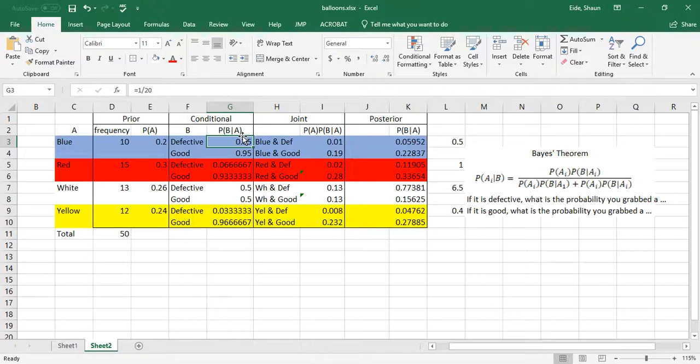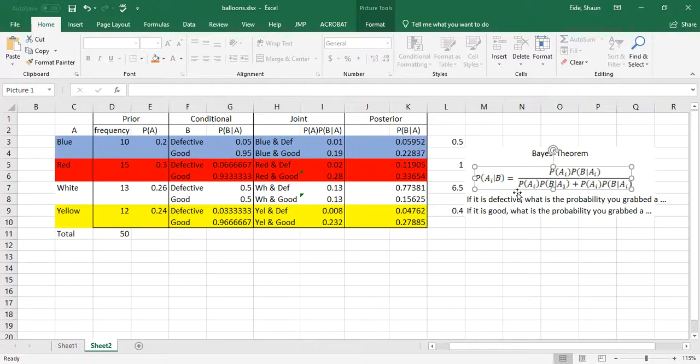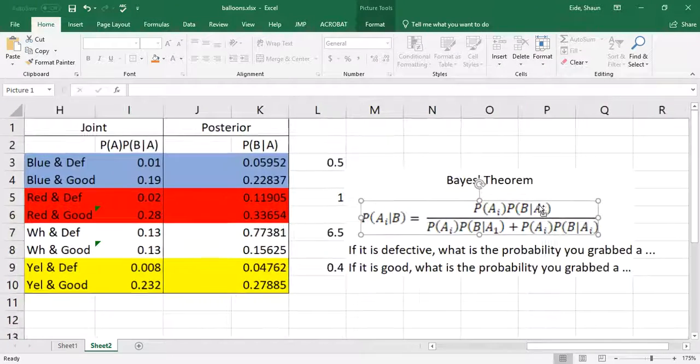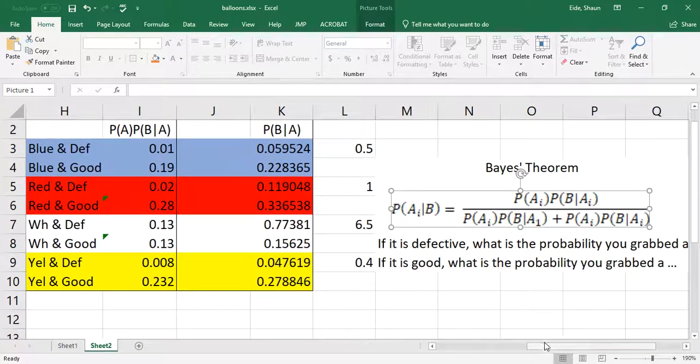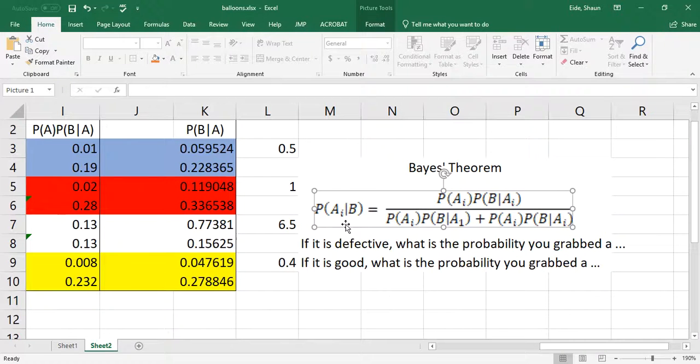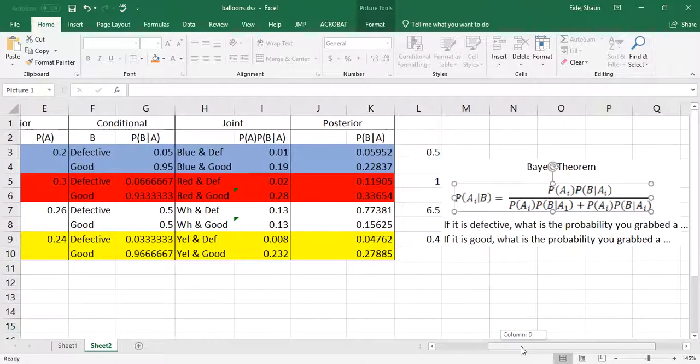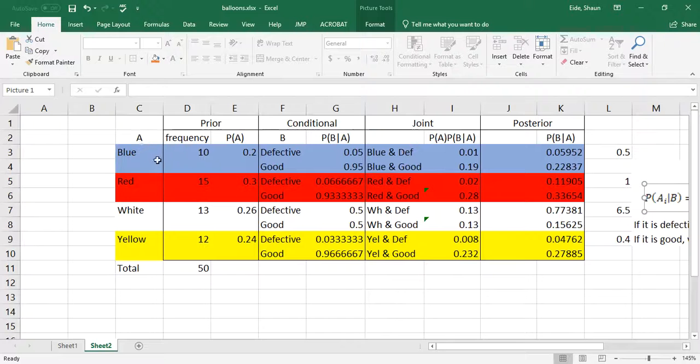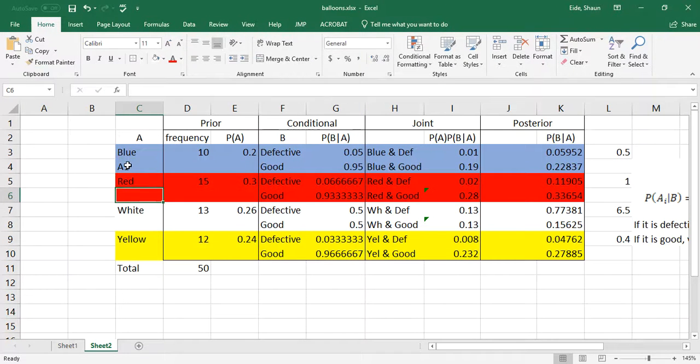So that is Bayes' theorem, and you can see Bayes' theorem right here. I'll zoom in on this so you can see it a little bit more. This is saying the probability of A, and you notice there's a little i down there. There's lots of different A's: A1, A2, A3, A4.